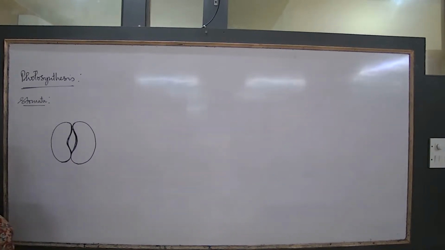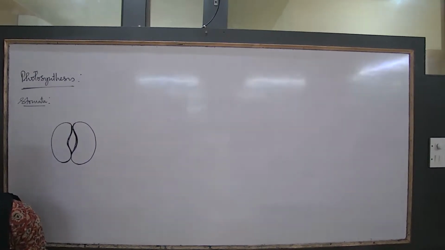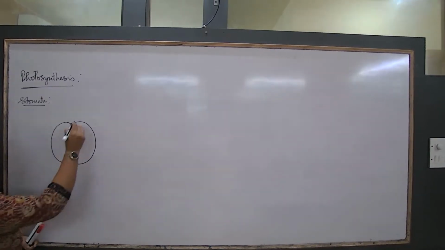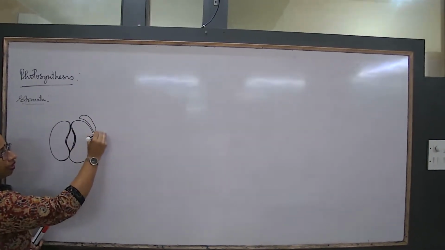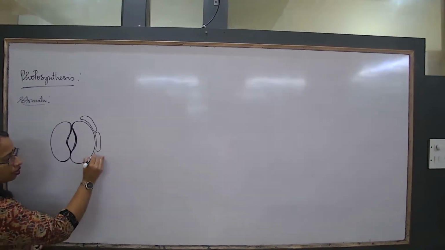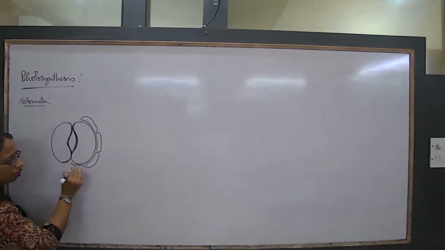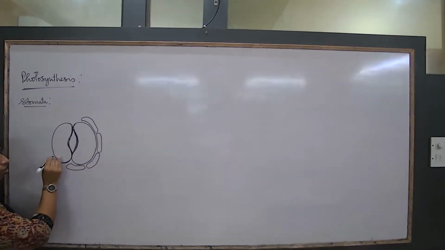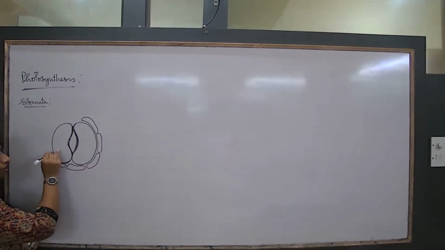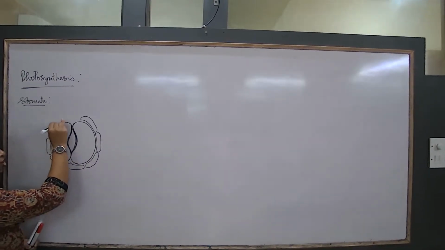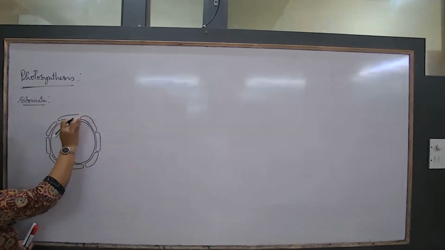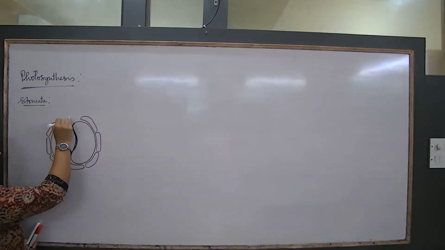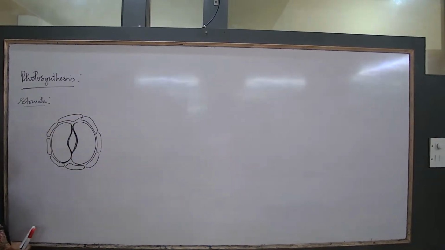What is the function of stomata? They play a major role in the inward diffusion of carbon dioxide and regulate the process of photosynthesis.